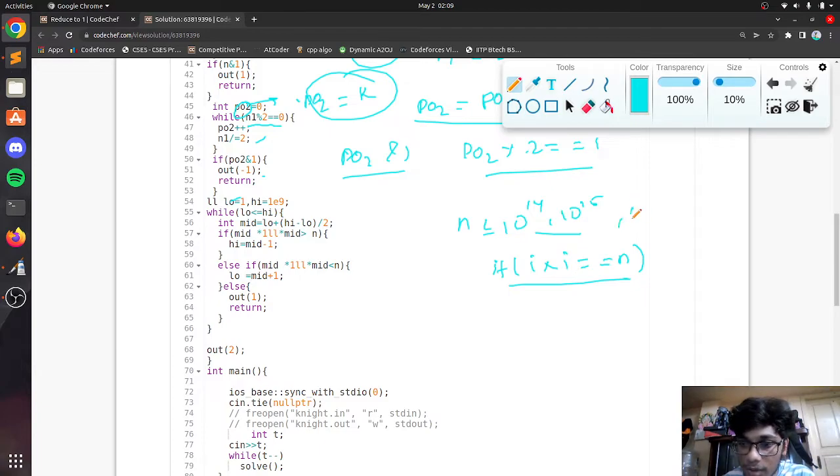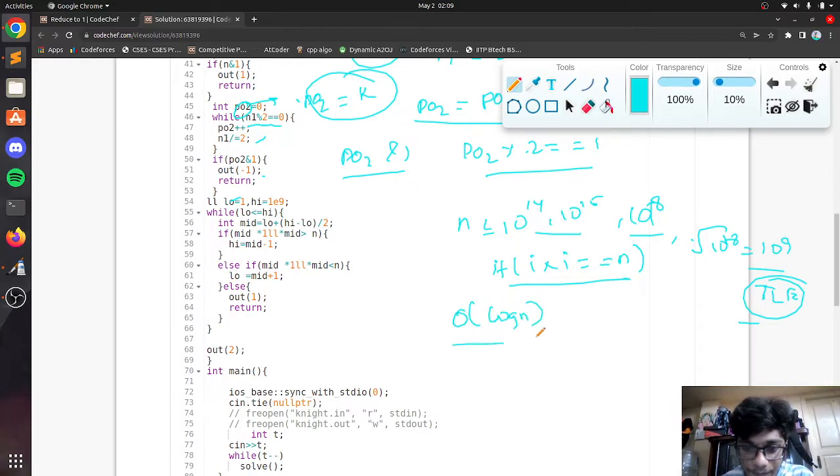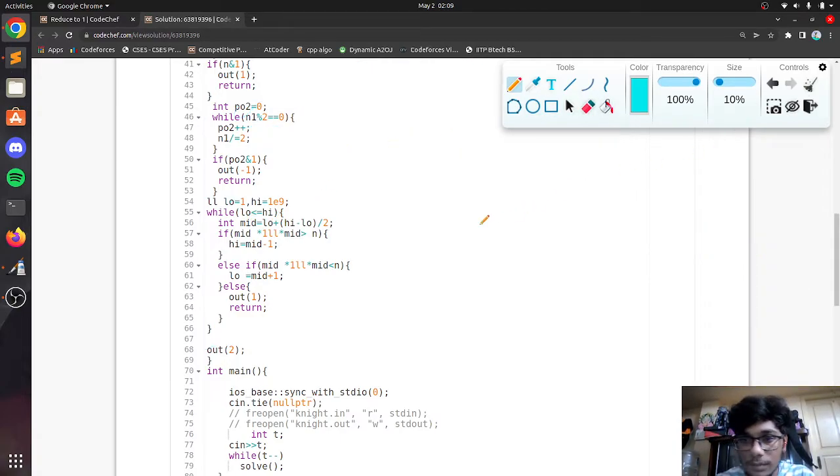But it's 10 to the power of 18, and for this if you take the square root, that is 10 to the power of 9, so it will give TLE. So this is one procedure, binary search, which will take O of log n, and many of you know binary search, it's a basic algorithm. And right now I'll explain how it will work.